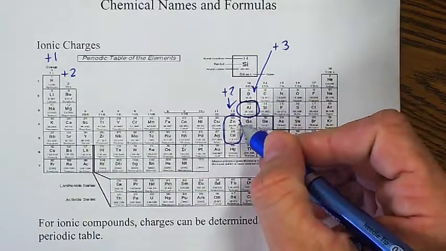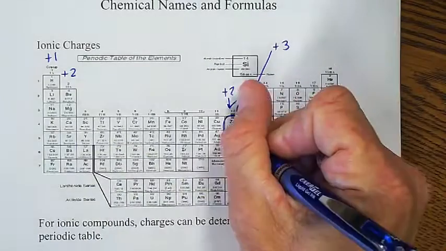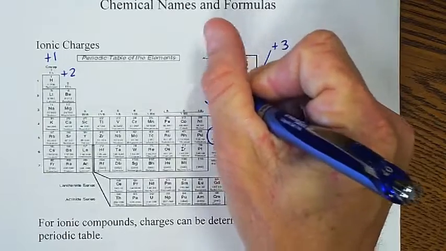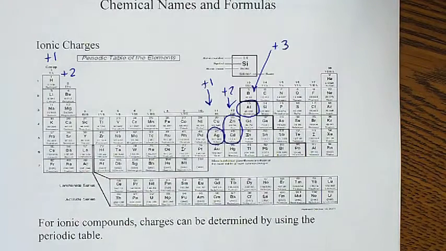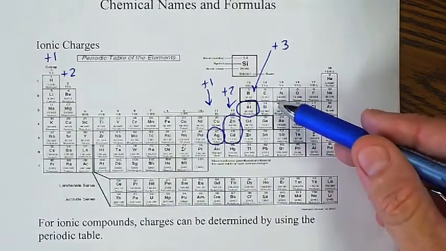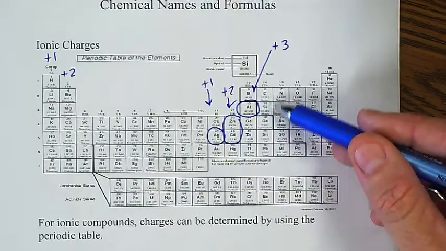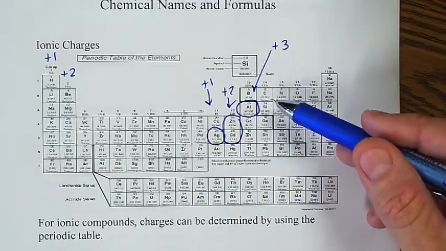But zinc and cadmium are always plus 2, and then silver is always plus 1 as well. So we can't really say everything in group 3 is plus 3, but aluminum certainly is. And then column 4, they typically don't form ions, so we really don't need to say plus or minus 4.